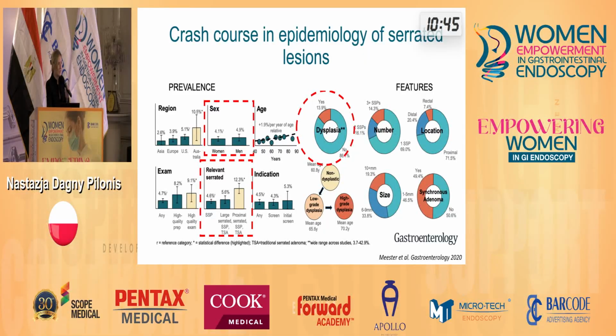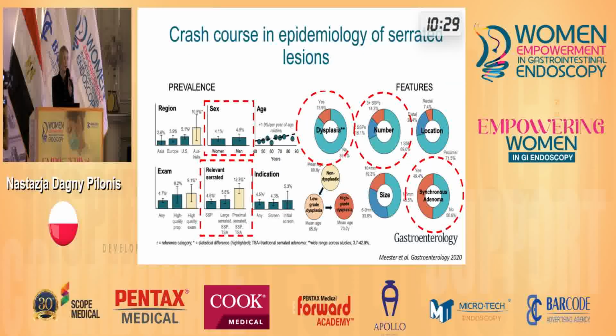Of the dysplastic lesions, around 13% of all of them will be dysplastic, so will carry some precancerous potential. Another thing that I think is very important: they're like mushrooms. If you find one, there is a very high probability that you will find a second or a third one, because up to 30% of them are diagnosed in more than one number.